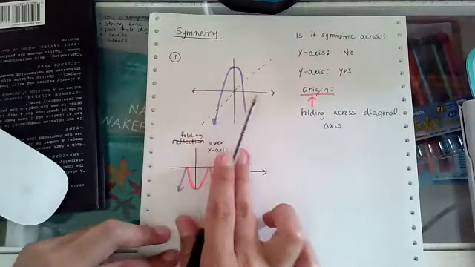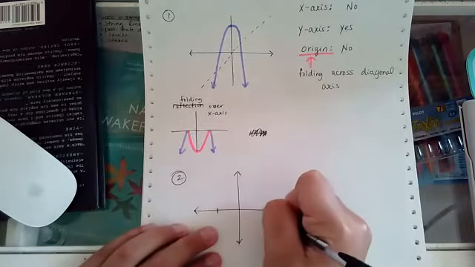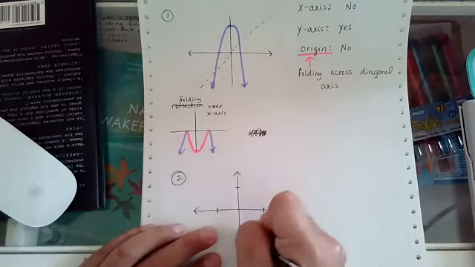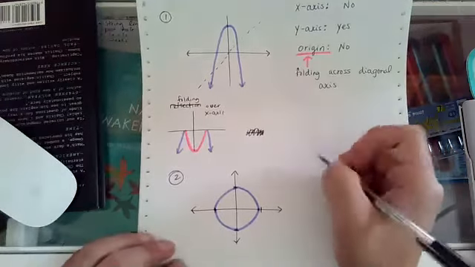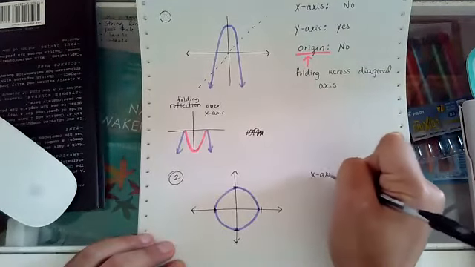Okay, let's look at another example. This is a graph. It's not necessarily a function, but it is a graph. Let's say there, there, there, and there. And let's pretend that my ability to draw perfect circles is great. Is this thing symmetric about the x-axis?